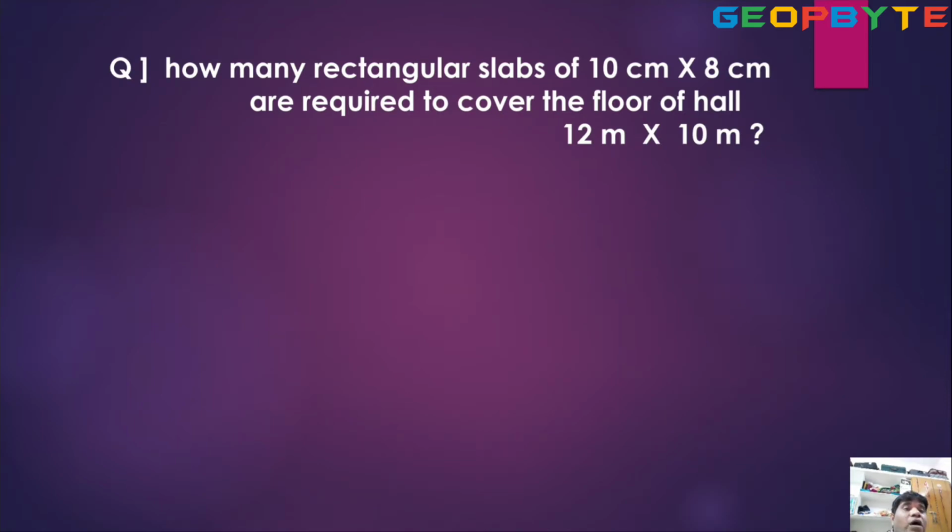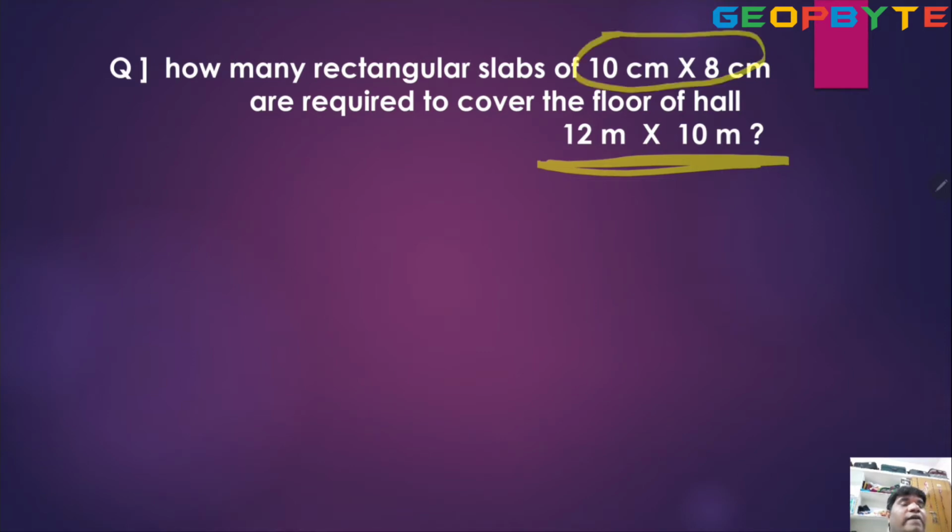Here observe. How many rectangular slabs of 10 centimeter into 8 centimeter are required to cover the floor of a hall? This is the hall measurement. This is the slab measurement.